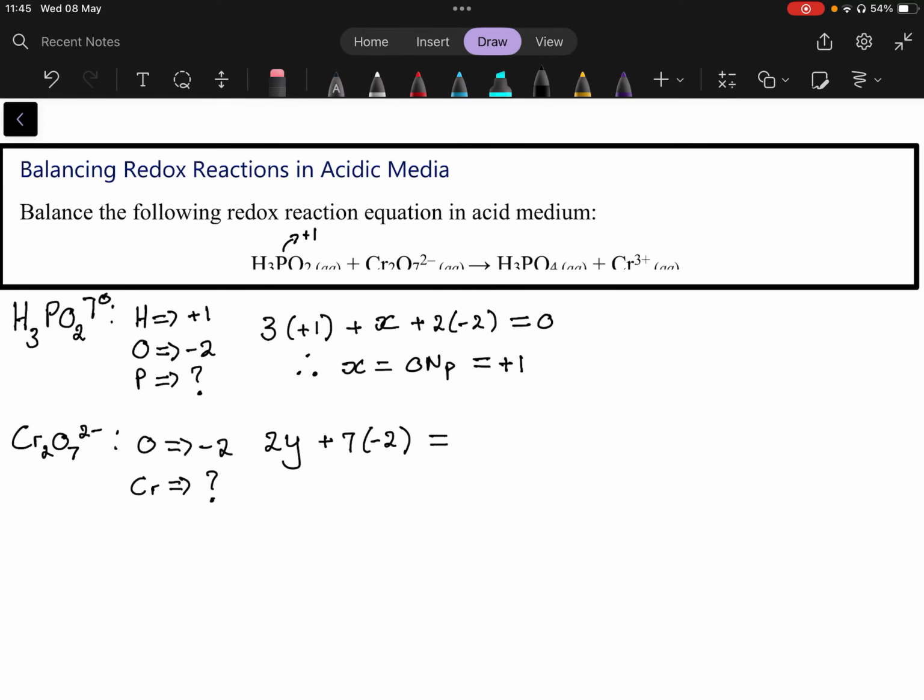And this needs to be equal to the charge on the species, and the charge on the species in this case is -2. So you can solve for Y. -14 goes to the other side, you get 12, and hence Y is equal to +6. So maybe write there for yourself, it's +6.